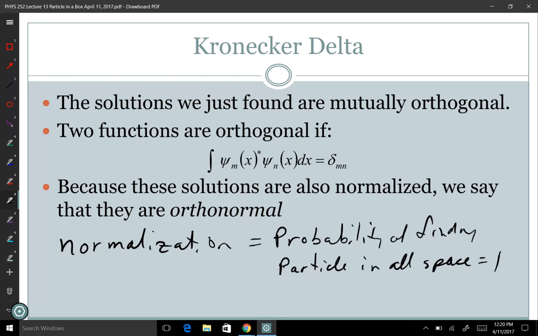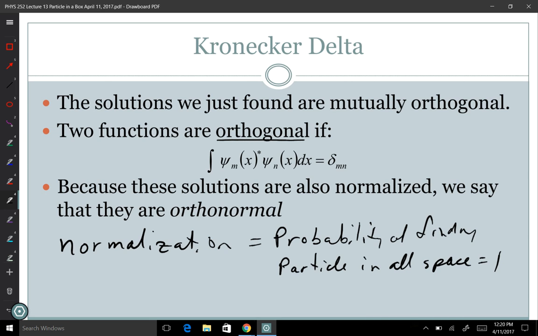Now we have orthogonality. We have words in math and physics that you don't use other places, and this is one. Orthogonal is a multidimensional equivalent to perpendicular. Now we have another three-dimensional equivalent to perpendicular. What was that? Normal, right?